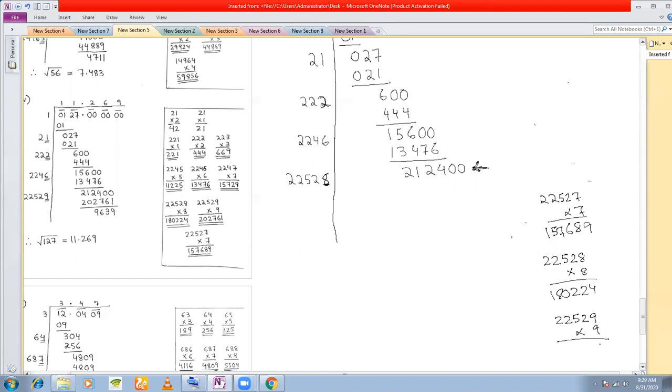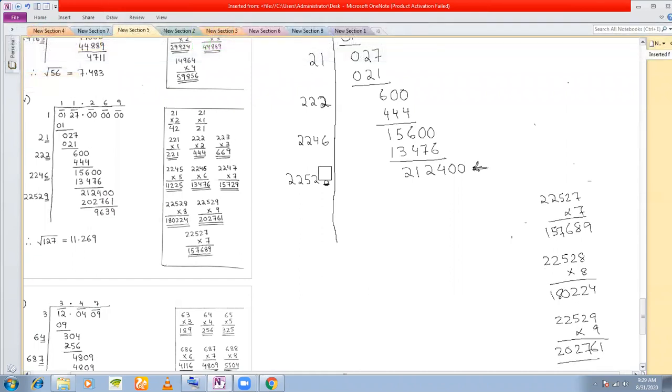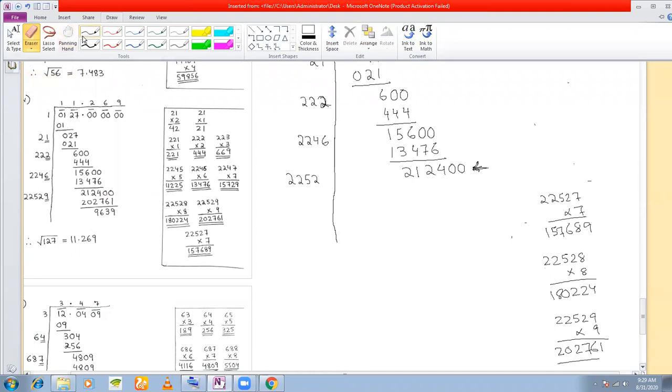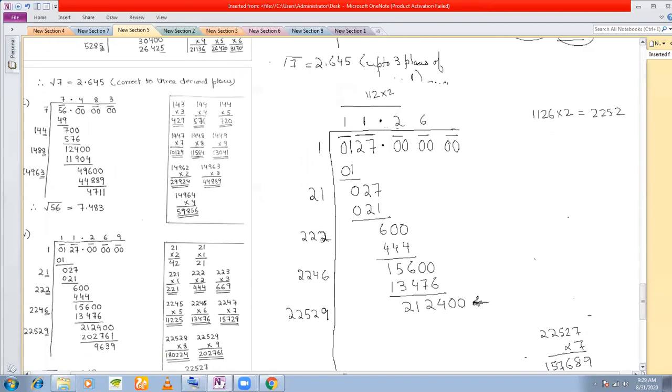If you try with 9, we're getting 202,761. Now after 9 there are no single digit numbers, isn't it? You cannot try a 0. So therefore you put a 9 here, and on top also put a 9.